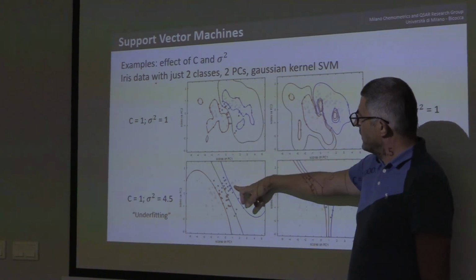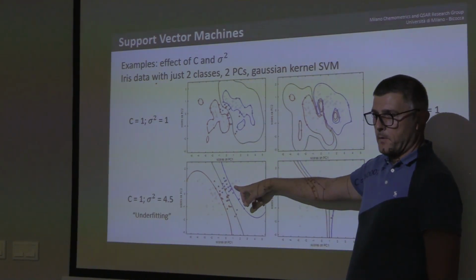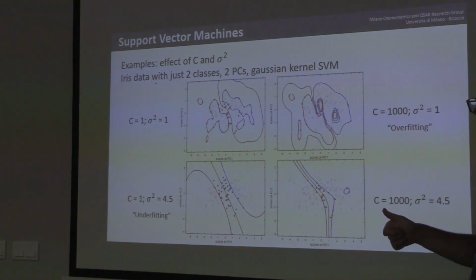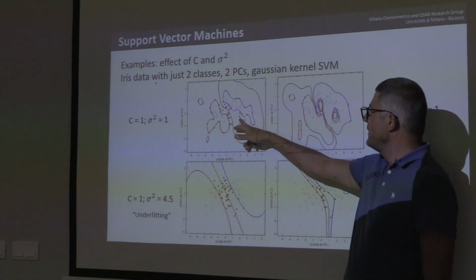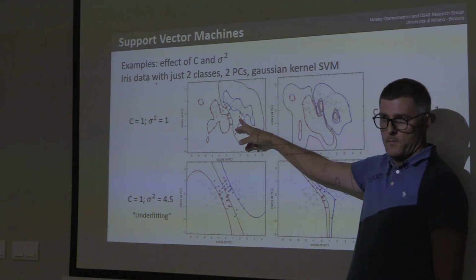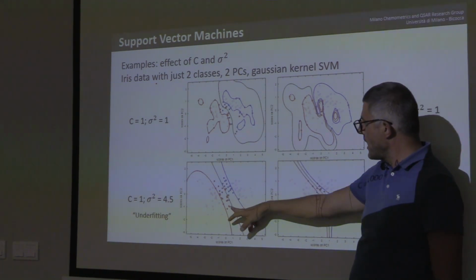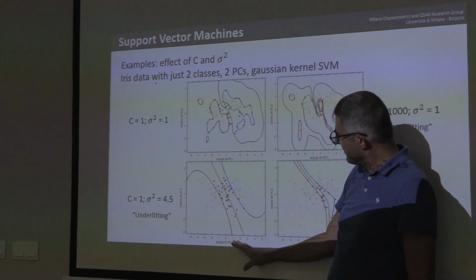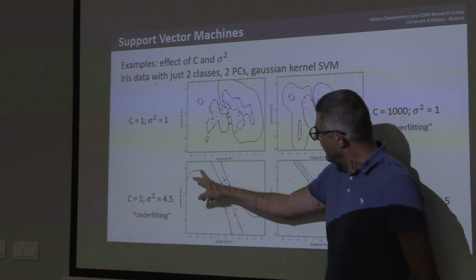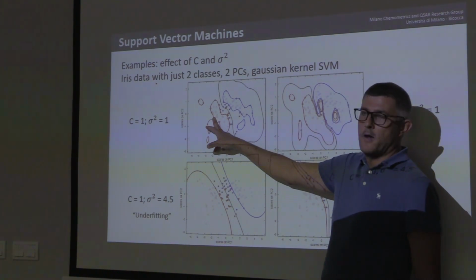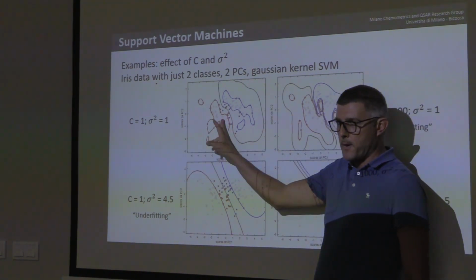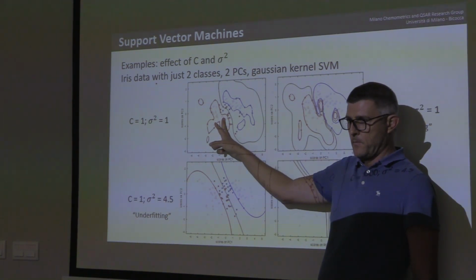Can you see the effect of sigma? Do you remember, if we decrease sigma, we augment the probability of overfitting? Here you have this separation boundary. These are the two margins, and these things are quite different with a smaller sigma, and probably we are overfitting the data.